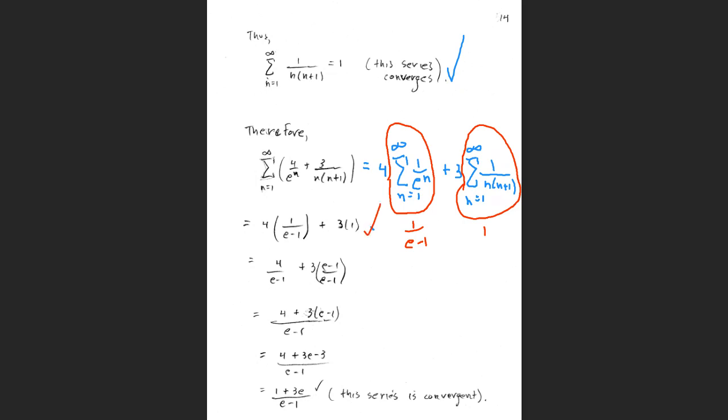And WebAssign would take this answer. I mean, this answer here is perfectly acceptable. But we could do a little rewriting and write the sum as what you see below as well.